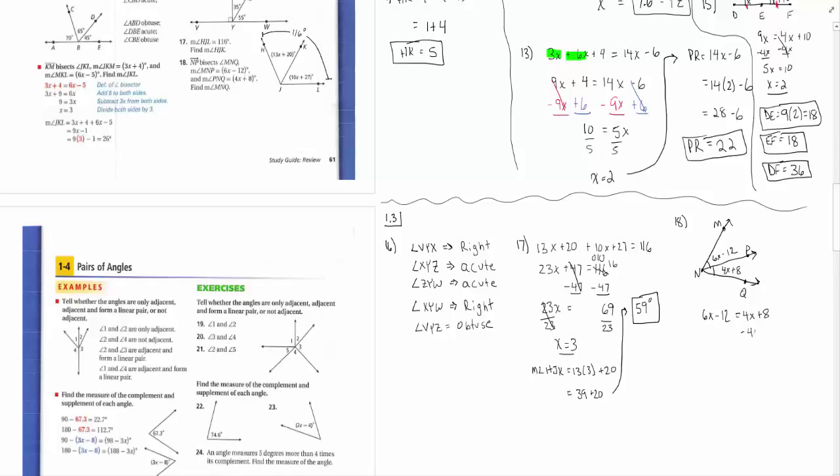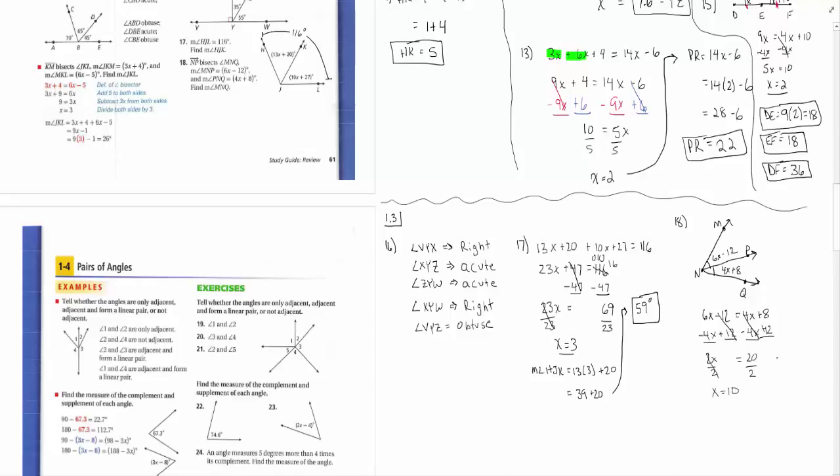Subtract 4x, subtract 4x. Okay, so I have my 2x on the left-hand side. I'm going to add 12 to both sides. So 2x equals 20. Divide by 2, just doing some algebra here. And x equals 10.